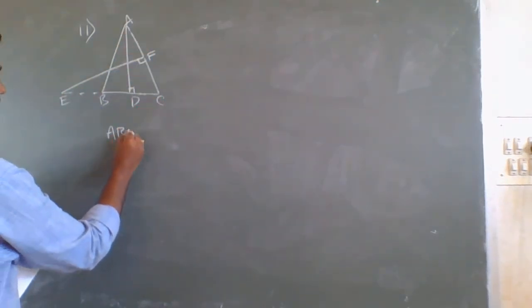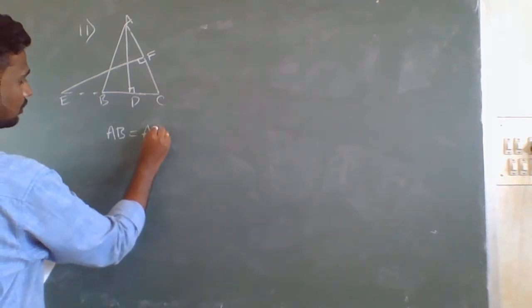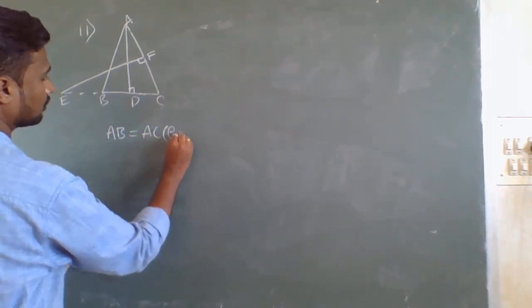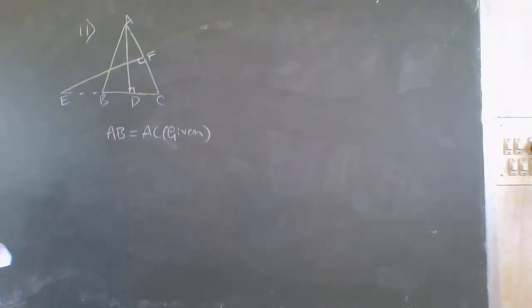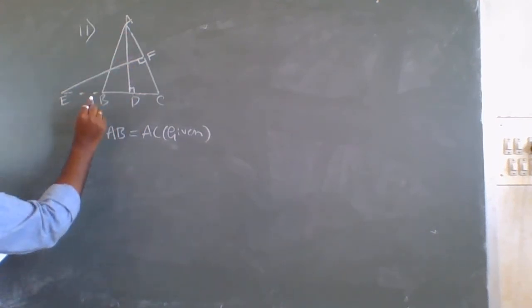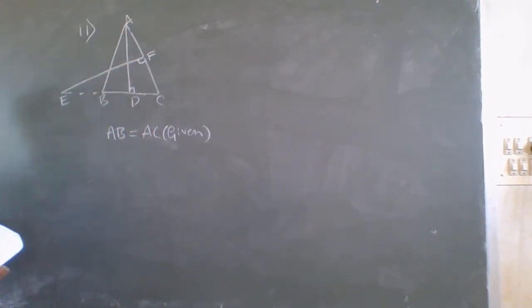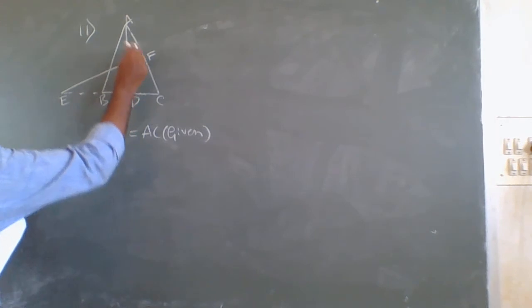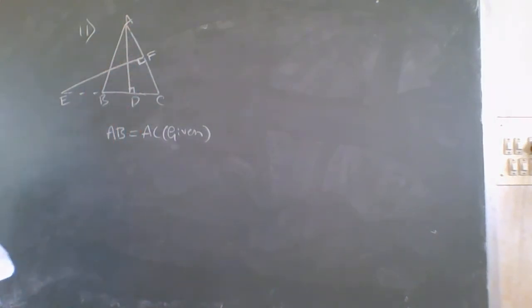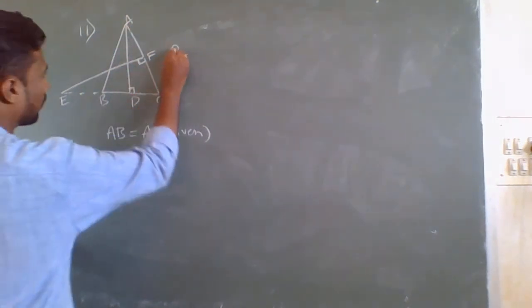They are given that AB is equal to AC, therefore it is an isosceles triangle ABC. AD is perpendicular to BC, and EF is perpendicular to AC. What we have to prove here?